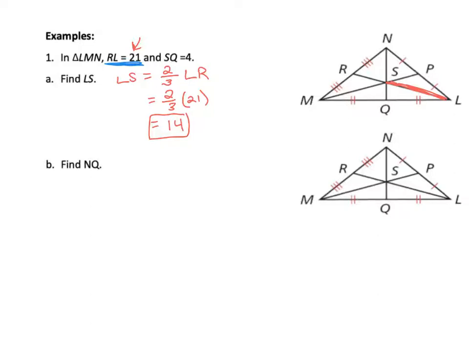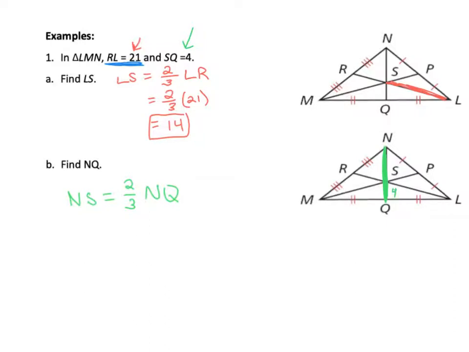Now the next one, we're looking for NQ. NQ is the full piece. That's important. If we take 2/3 of it, it's going to be equal to that NS piece, or centroid. Now, if we go back up top, it says SQ is equal to 4.